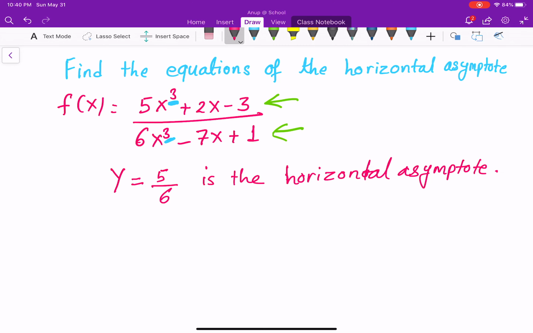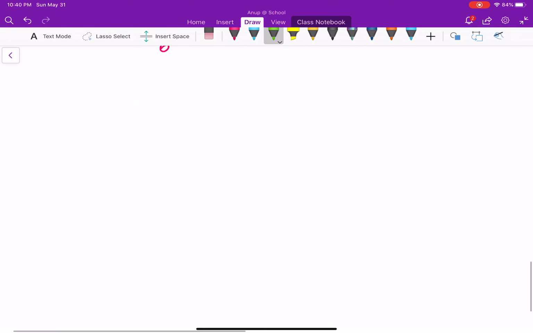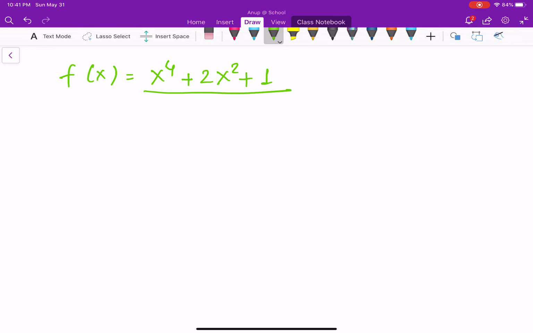All right. Now let's take another example where f of x is equal to x to the power 4 plus 2x squared plus 1 divided by 1 minus x to the power 5. We do the same thing: check the degree of the numerator polynomial and the degree of the denominator polynomial.